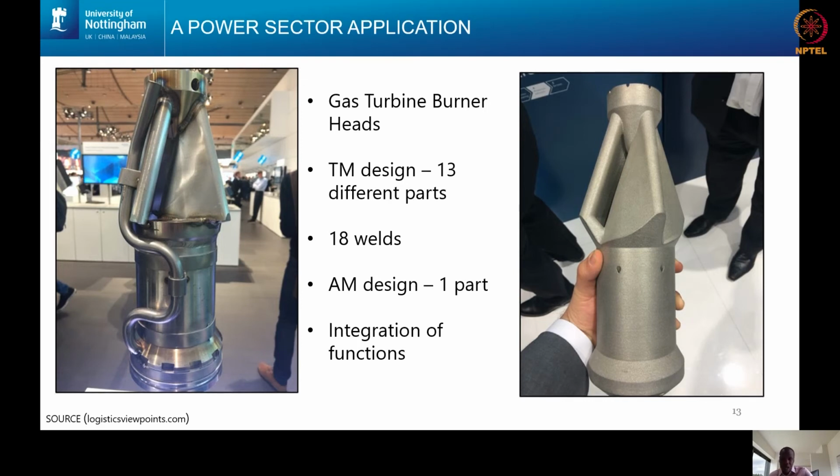These 13 parts have now been consolidated into one monolithic design with the capabilities of additive manufacturing, in this case with selective laser melting, a powder bed fusion technology. So think about the impact on the supply chain. Think about the reduction in coordination requirements from traditional supply chains where you have to deal with 13 different parts and the intermediate steps involved in producing that traditionally manufactured component.